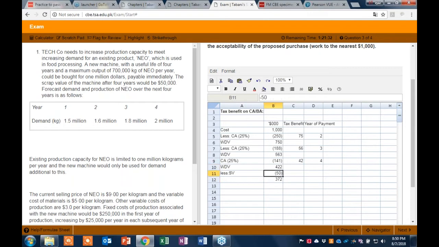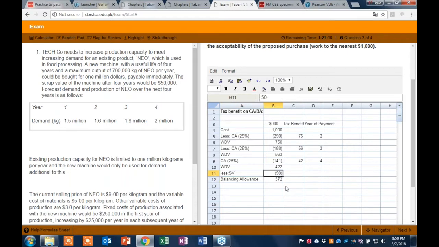Out of 422, the company will be able to recover 50,000. So the rest of the amount will not be recovered by the company, and the tax authorities will allow it as the expense of the business in the last year. So this is called balancing allowance and not the capital allowance.